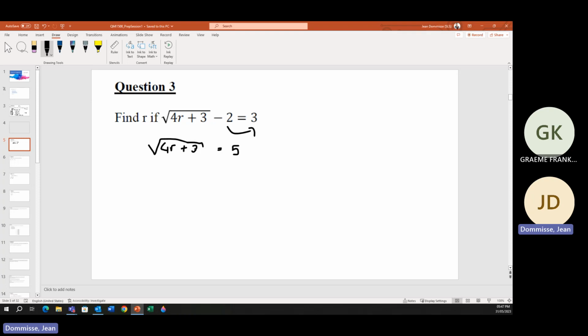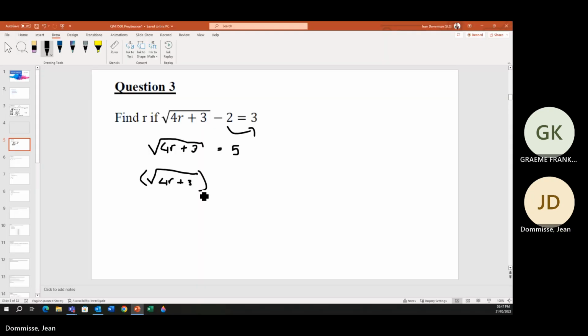Okay, so now the next step is to get rid of the square root. How I get rid of the square root is to take it to the power of 2.